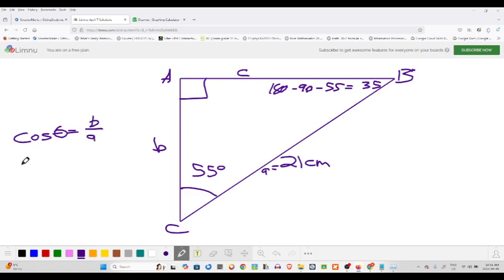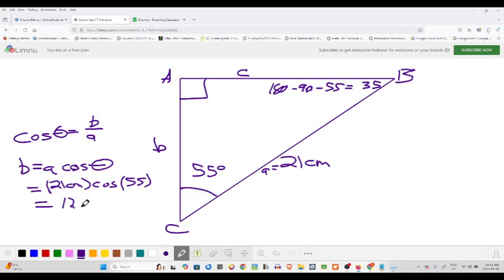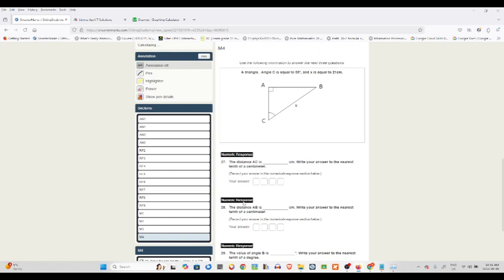That's B over A. So the adjacent side is A cos theta. So our hypotenuse is 21 centimeters times the cosine of 55 degrees. 21 cos 55 is 12.045105, and so on. So that's distance AC, nearest tenth of a centimeter, 12.0.